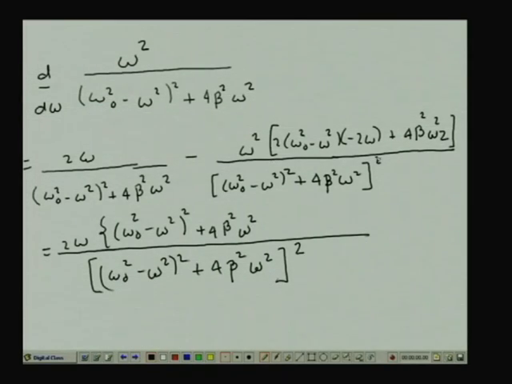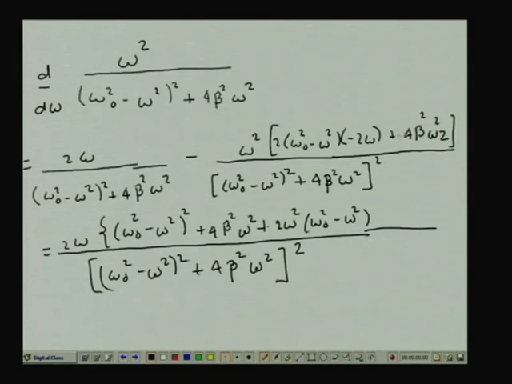Now, when I take 2 omega common, the first term over here still has a factor of 2 which remains, there is omega square which remains, and there is omega naught square minus omega square. So, the first term gives us 2 omega square times omega naught square minus omega square.